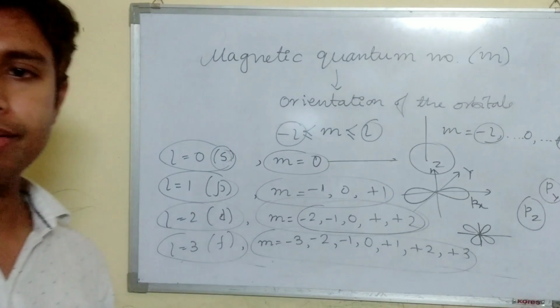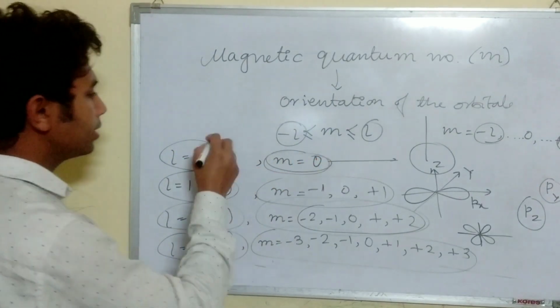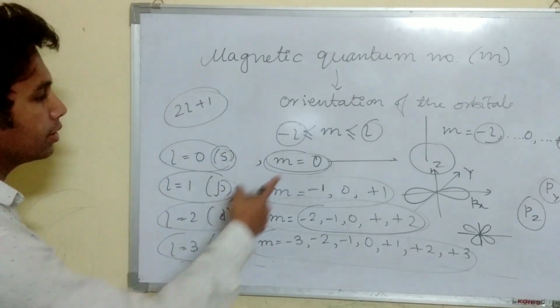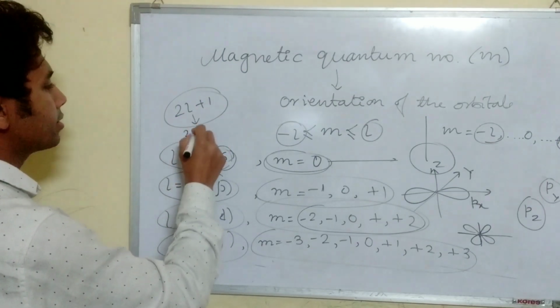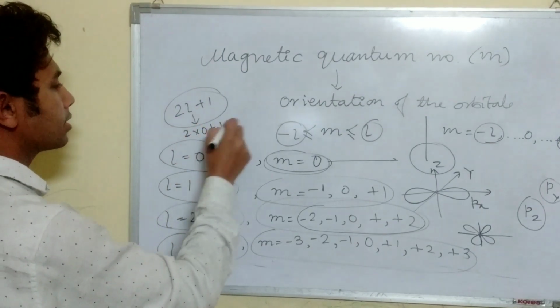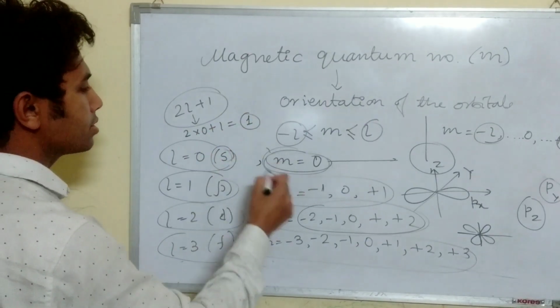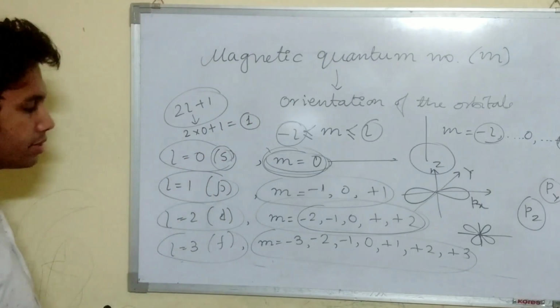So here the maximum number of values of m will be 2L plus 1. Means if we put here the value of L is 0, 2 into 0 plus 1, we are getting 1, means only 1 value of m for the S subshell.